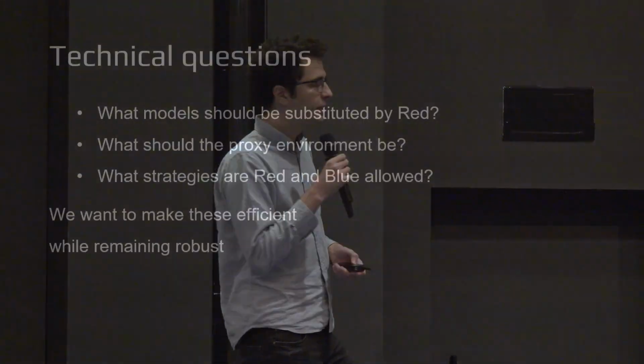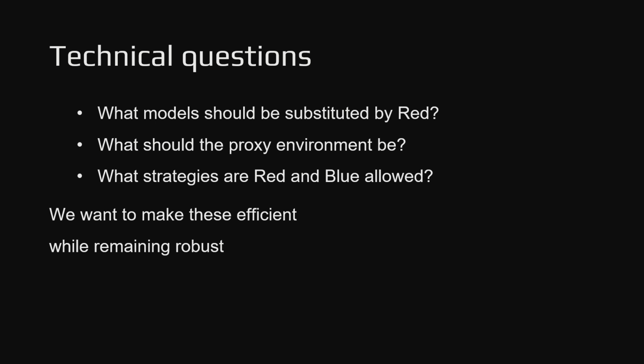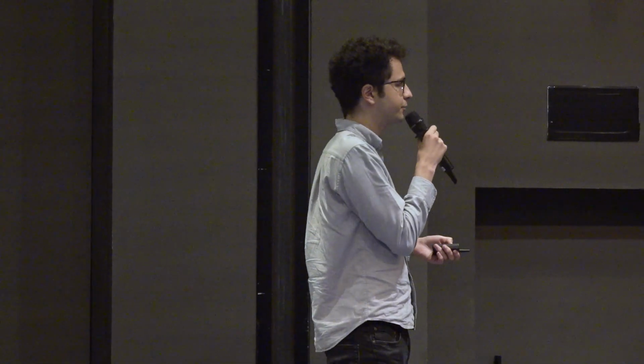So there are a lot of finicky questions like these, in which we want to strike a balance in taking decisions that are efficient for the developers to be able to run this evaluation process, while still remaining robust in the sense that the evaluation process is robust in figuring out whether your measures are sufficient.